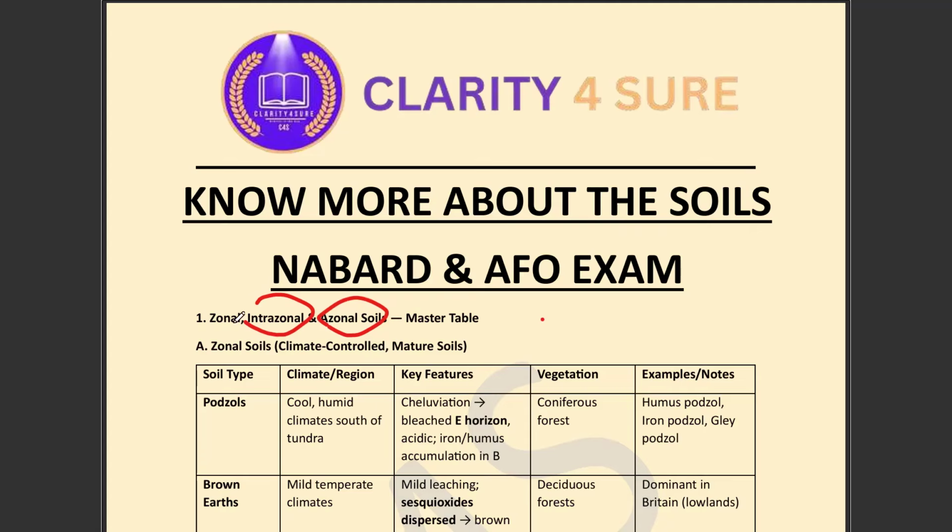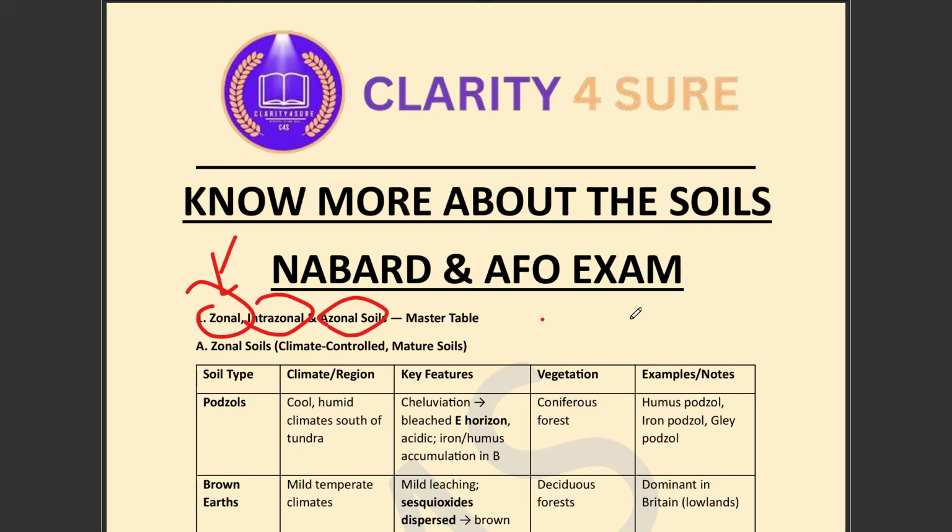Next comes zonal. It is the deposition of soils over a longer period of time. So it is a climatically driven soil, and it has well stratified horizons. So these are the three important types of soil which you will have to know.